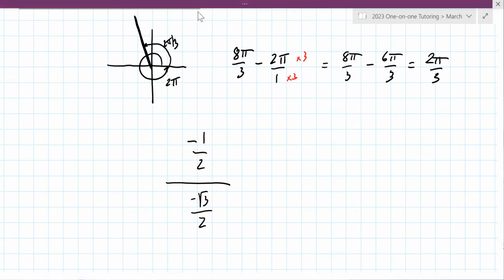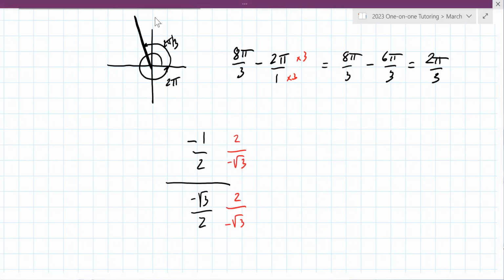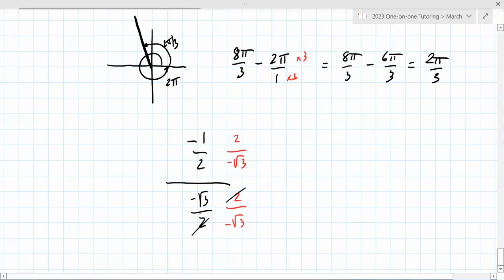Okay, now this time we're going to multiply the top and bottom by the reciprocal, 2 over negative square root of 3. All right, so in the bottom, everything cancels. In the top, the 2's cancel and the negatives cancel, so it's 1 over the square root of 3.